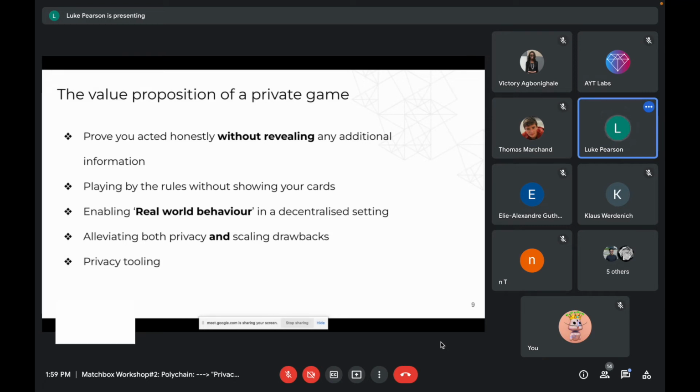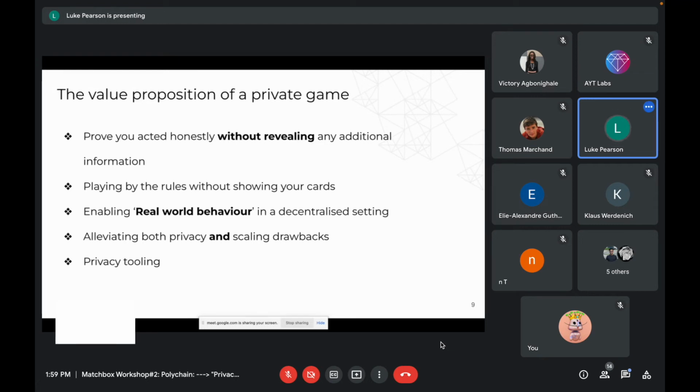We have this real world behavior in a decentralized setting. So beyond gaming, that's the voting that we spoke about before, the ability to have democratic voting, the ability to hide your payroll but still prove that you work for some place.